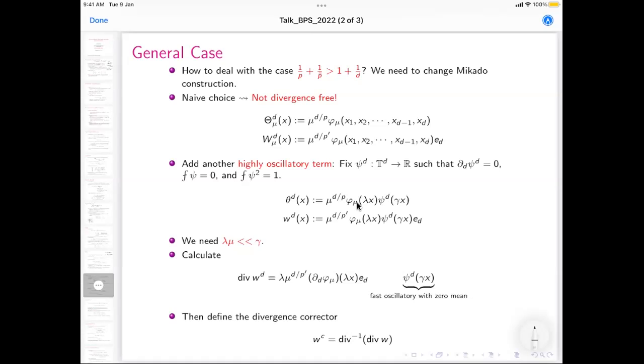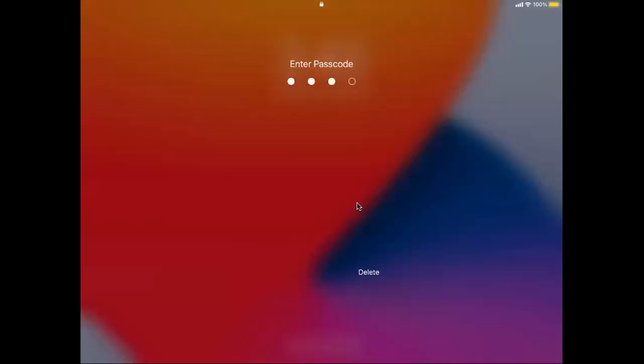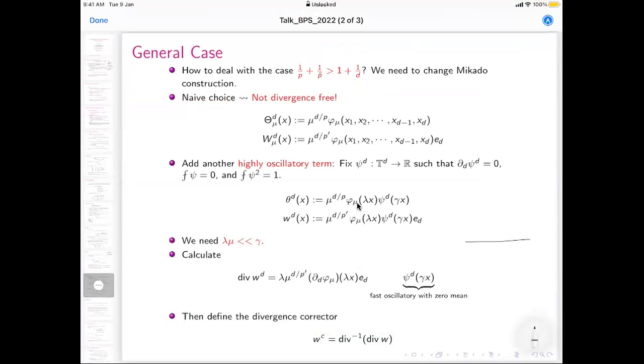So there is a huge separation of scales. In terms of the Mikado support, previously, after this change of scale, it was like 1 over lambda, but now with these new lambdas I'm concentrating. So by definition, it will be lambda mu inverse.